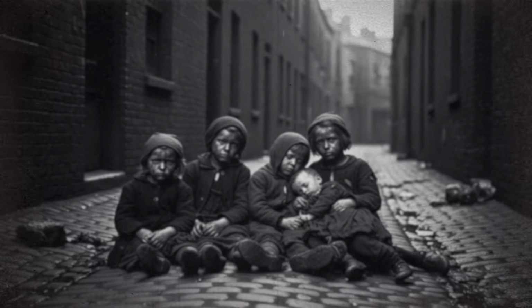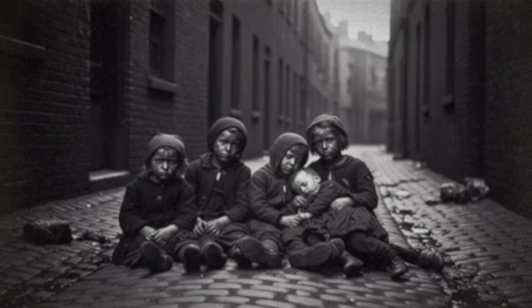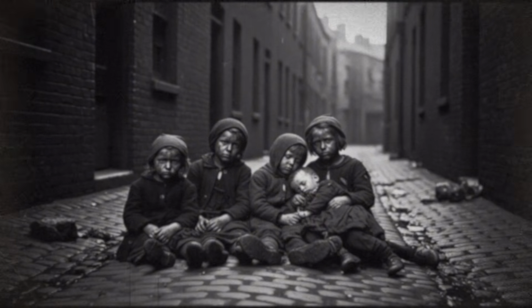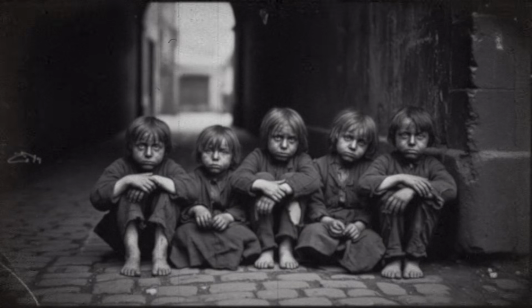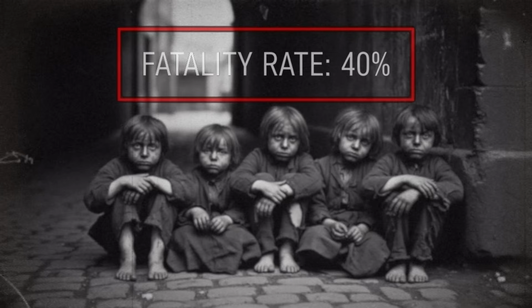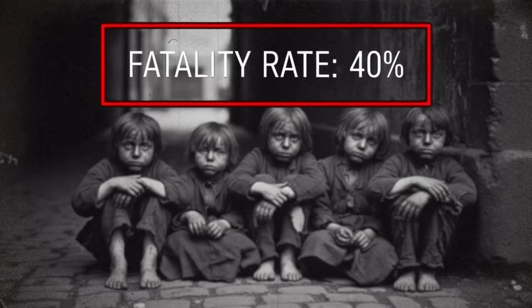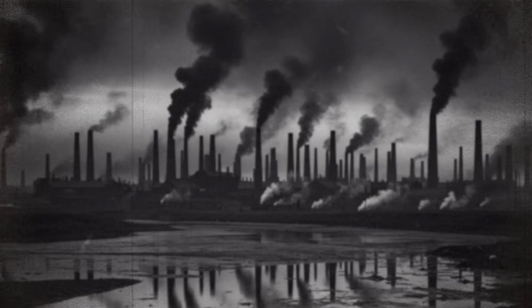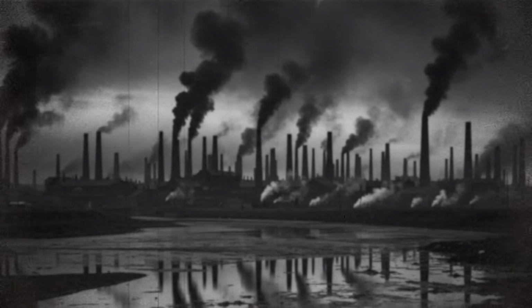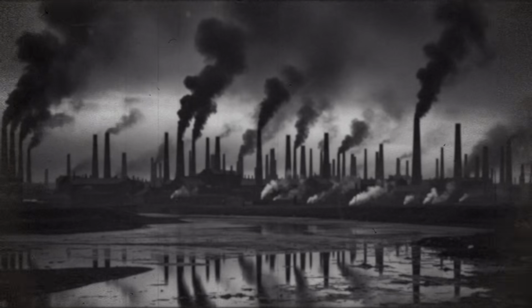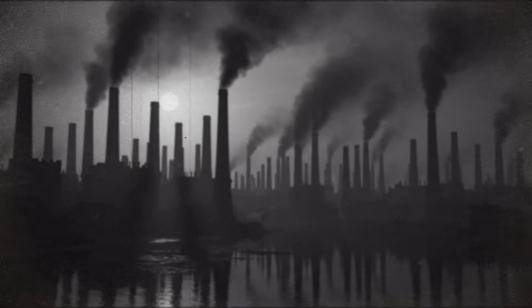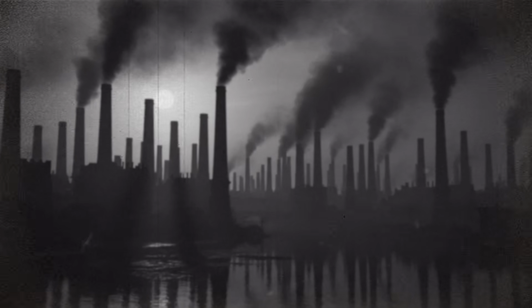In the mid-19th century, infant mortality in major cities like London and New York was staggering. Before the age of 5, nearly 40% of children did not survive. 40%. Life expectancy for a working-class adult was barely 40 years old. The cities were supposedly choked with smog, raw sewage, and disease.